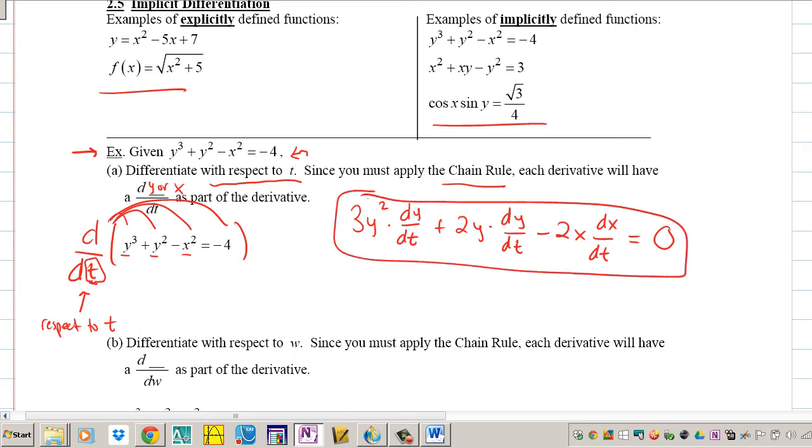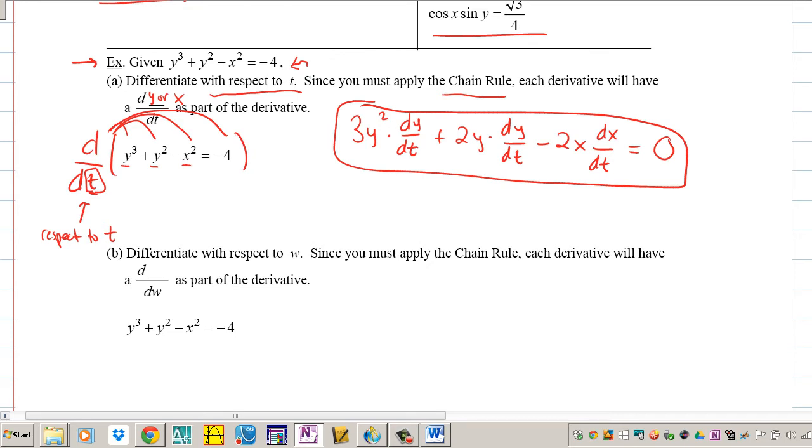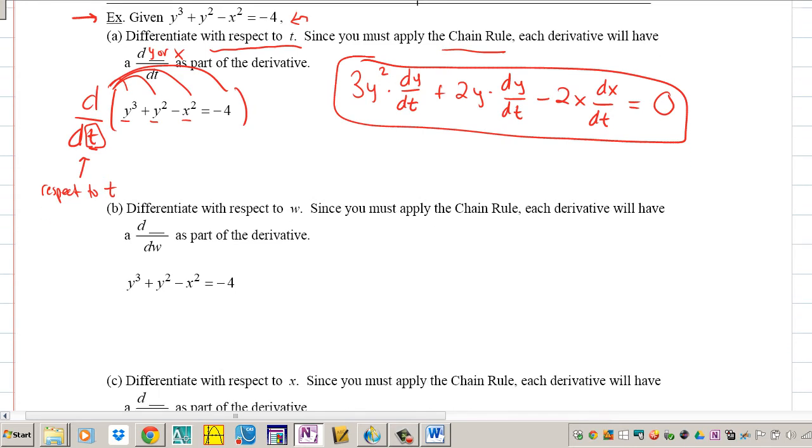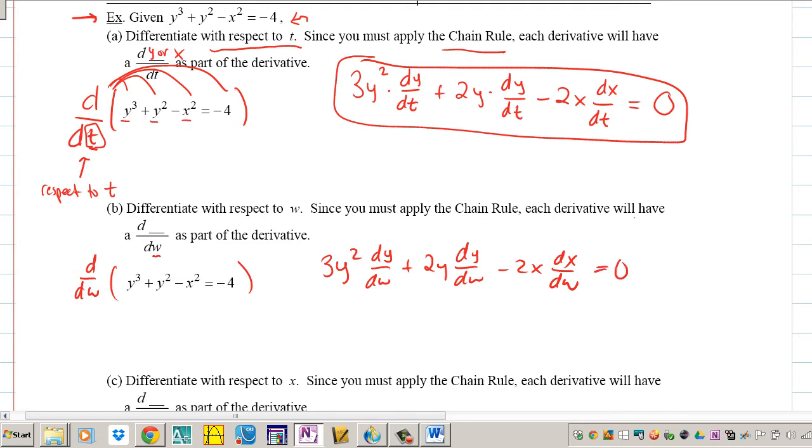So that's just a real quick introduction. The next example, we have w. I'm not going to spend too much time on this. Now we're just taking the derivative with respect to w. So taking the derivative with respect to w is 3y squared dy/dw plus 2y dy/dw minus 2x dx/dw equals 0.